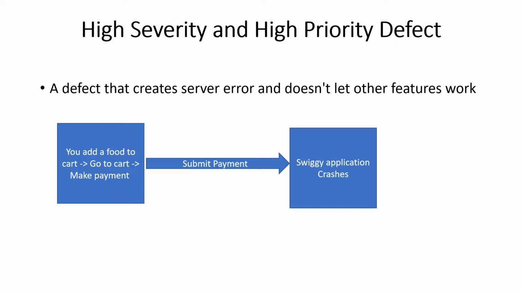That is the reason these types of defects fall under high severity and high priority. An example: you add a food item to the cart in Swiggy, and you go to the cart and try to make a payment. When you click on make payment and submit the payment, the application completely crashes. These types of defects will fall under high severity and high priority. Fine, understood this?